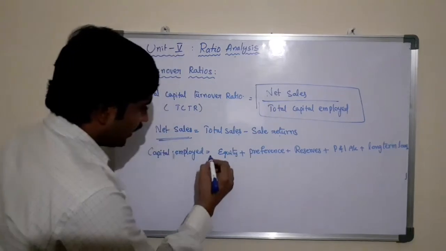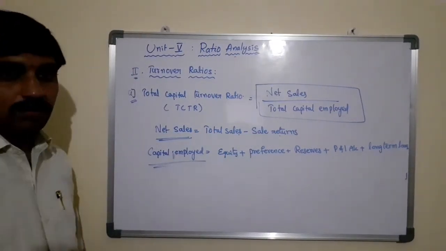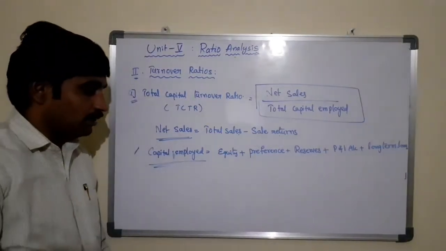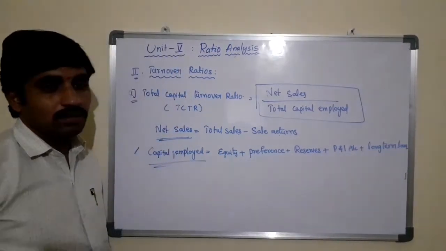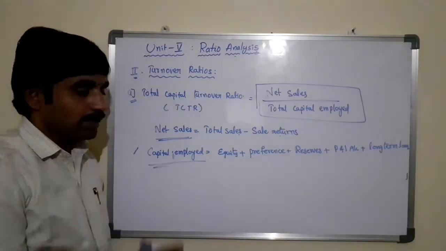So these are the items which come under the capital employed. If you want to calculate capital employed, you need to sum up all these items from the balance sheet. Therefore, you will get capital employed.